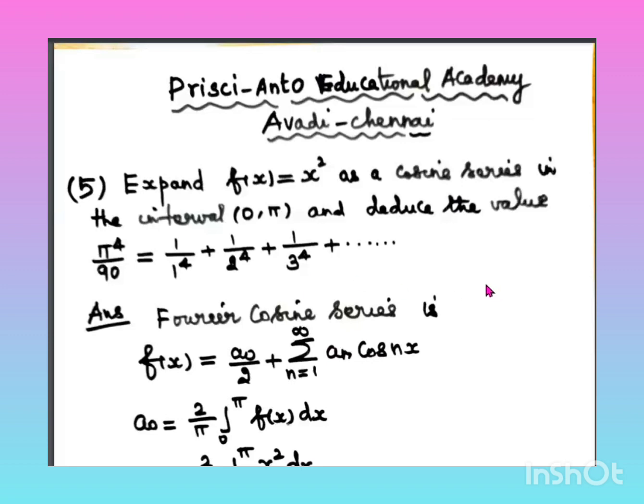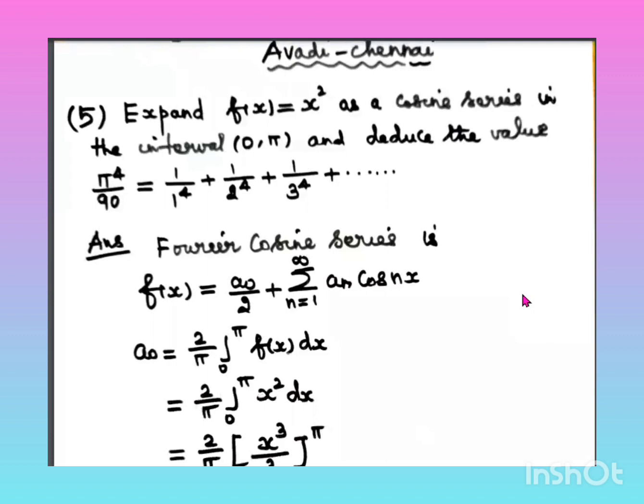So cosine series means first you have to write the formula of half-range cosine series. So the Fourier half-range cosine series is f of x is equal to a naught by 2 plus summation n equal to 1 to infinity an cos nx. This is half-range cosine series.